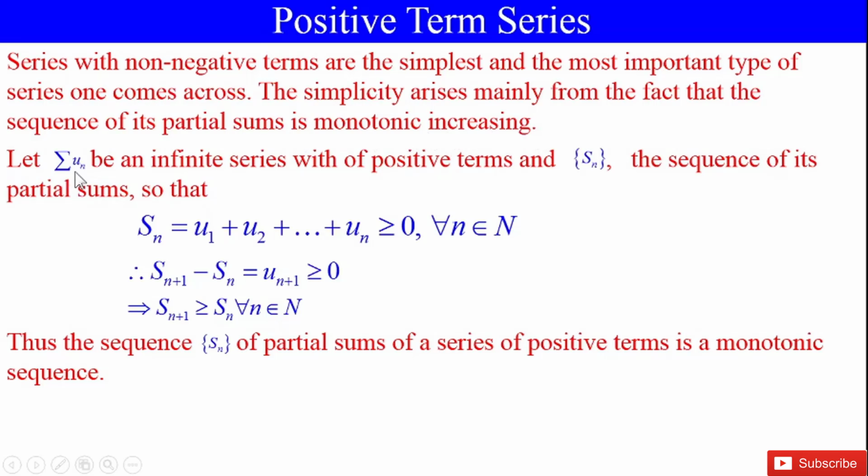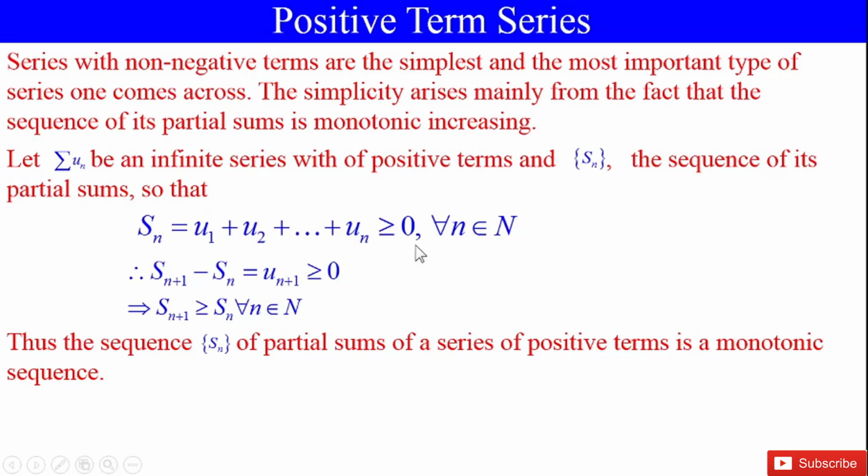Let sigma un be an infinite series with positive terms and Sn the sequence of its partial sums, so that Sn is equal to u1 plus u2 up to un, which is greater than or equal to 0 for all n belongs to N, because u1, u2, ..., un are all non-negative terms.